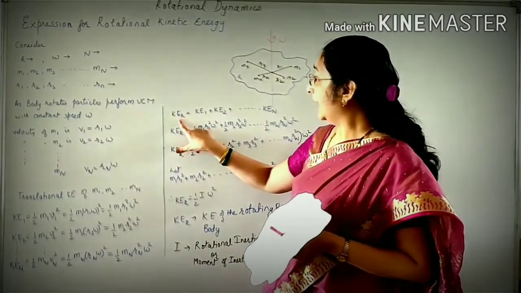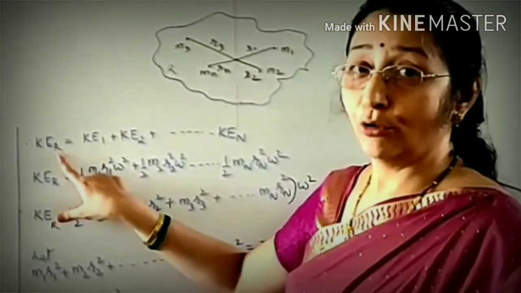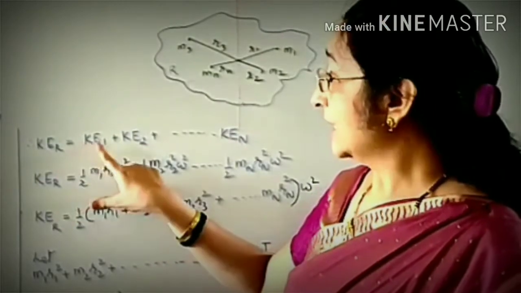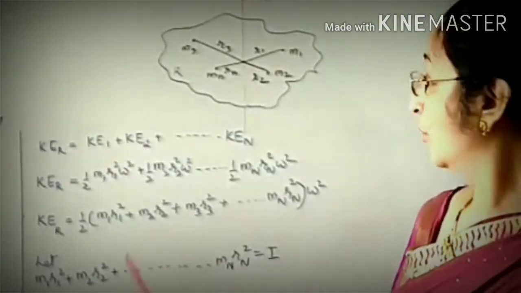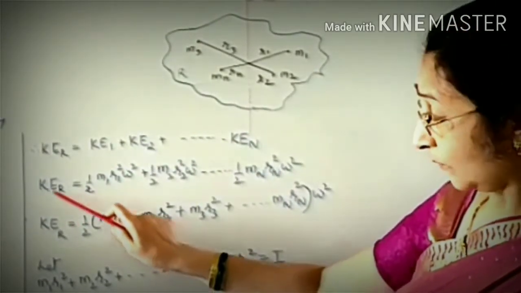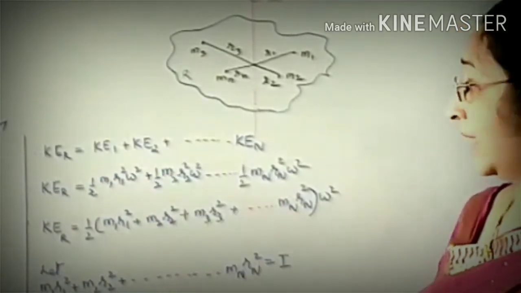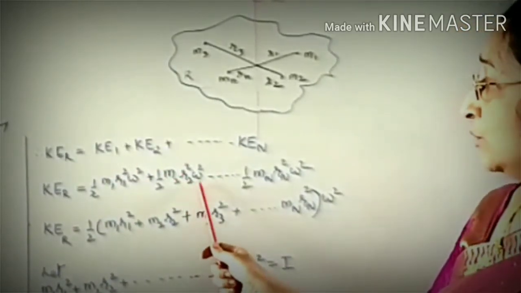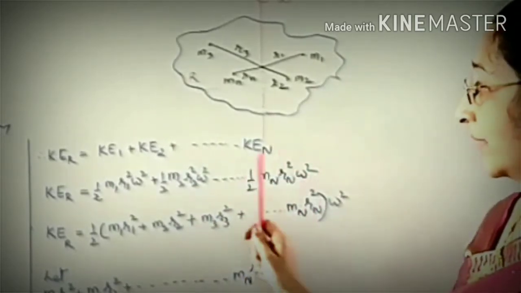So the rotational kinetic energy is KE1 plus KE2 up to KEn. So the rotational kinetic energy is half of m1 r1 square omega square plus half of m2 r2 square omega square up to half of mn rn square omega square.